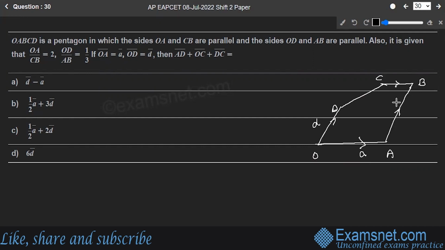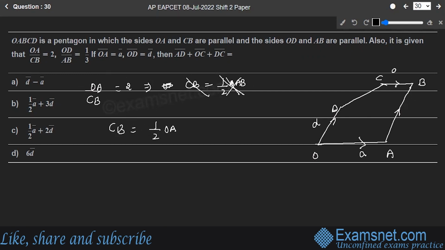Also it is given that OA upon CB is equal to 2, which means CB is equal to half of OA.